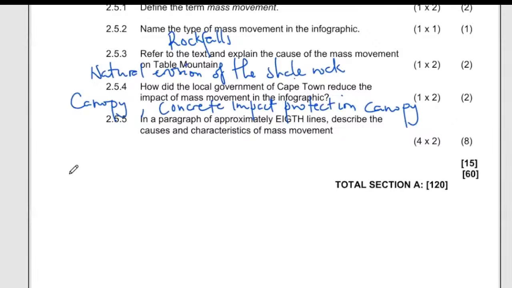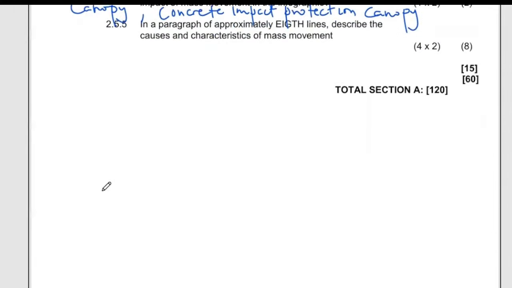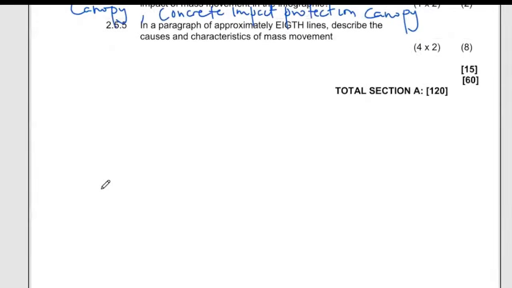Then our question 2.55 says, in a paragraph of approximately 8 lines, describe the causes and characteristics of mass movement. We want to look at the causes and the characteristics of mass movement. Right, so basically, what makes loose material move down the slope?